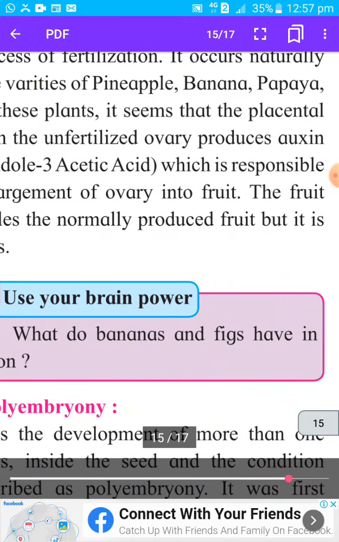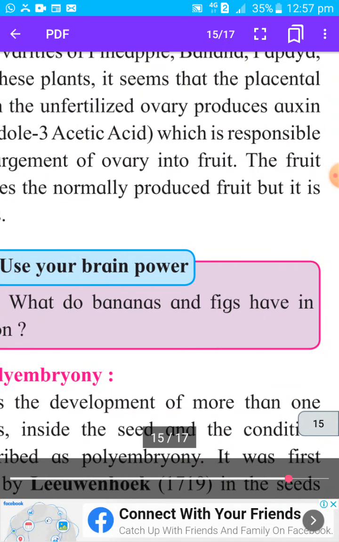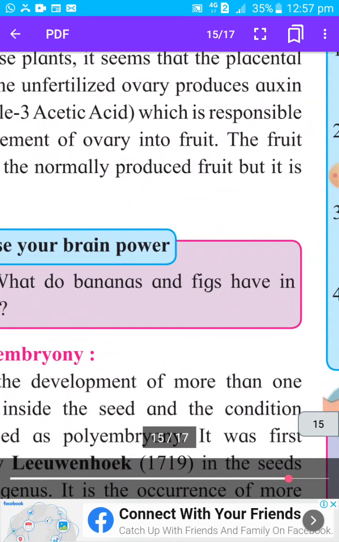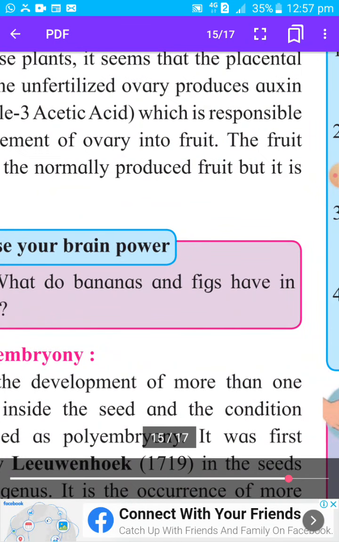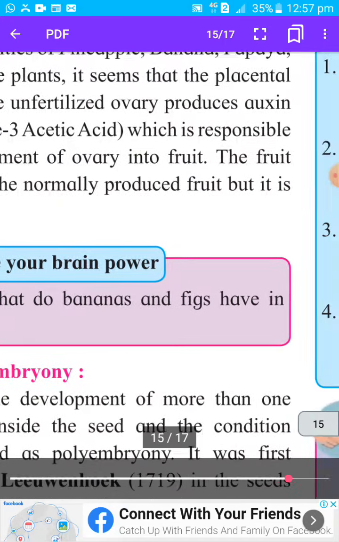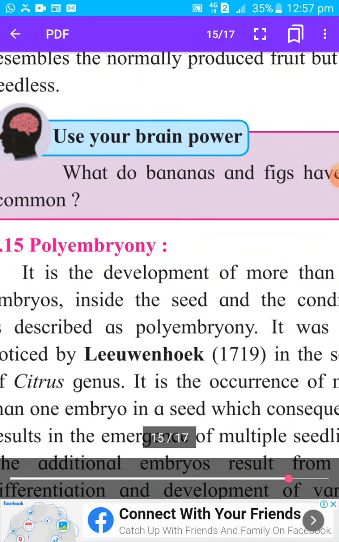It is responsible for enlargement of the ovary into fruit. So only the ovary will transform into fruit and fertilization does not take place. So the embryo is not there and obviously seeds are not there. Only the ovary is converted into fruit. The fruit resembles the normally produced fruit, but it is seedless.